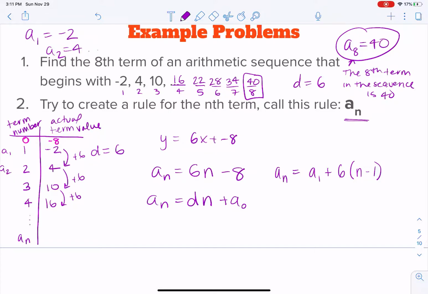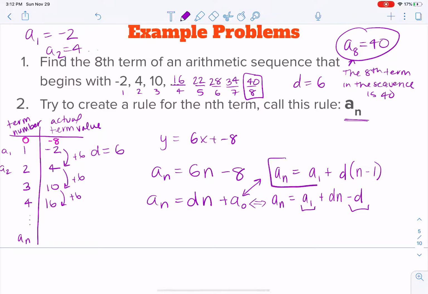So instead of using the 0 term here, and instead of 6, because 6 isn't always our common difference, I can plug in d there. So we can really see that these two equations are really the same. A sub n is a1 plus d times n minus d. And I know here that a1 minus d will give me my a0 term, which is what makes these two pieces equivalent.